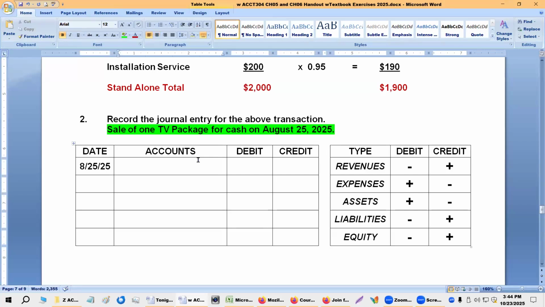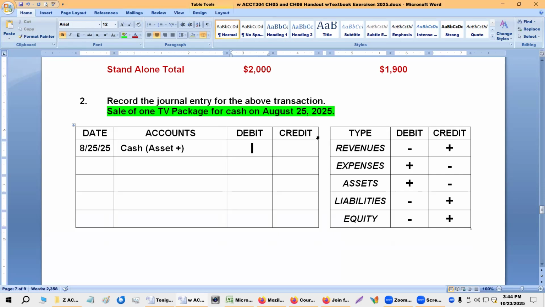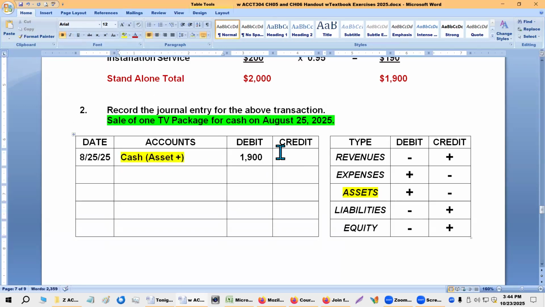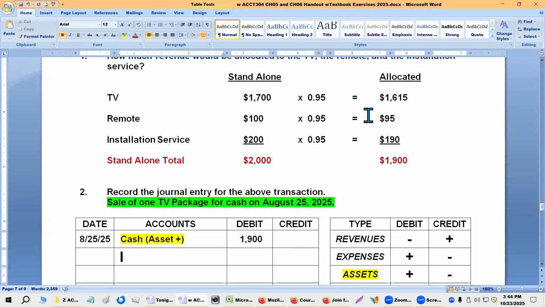So there's a cash asset going up, $1,900. And then we're going to allocate these out to the different revenues.